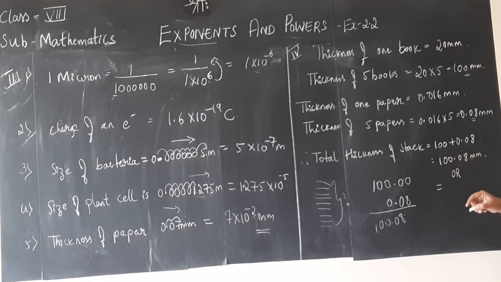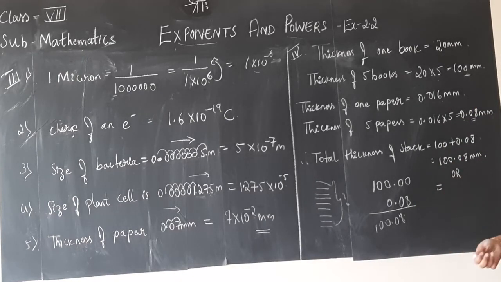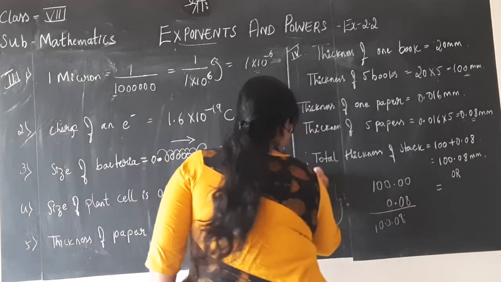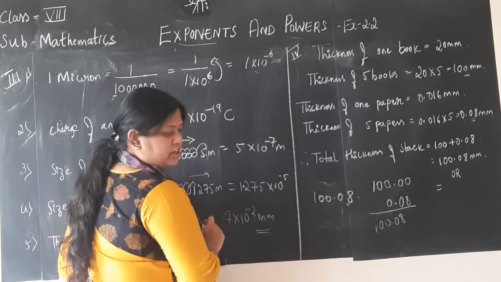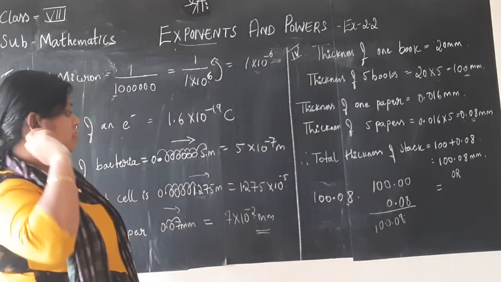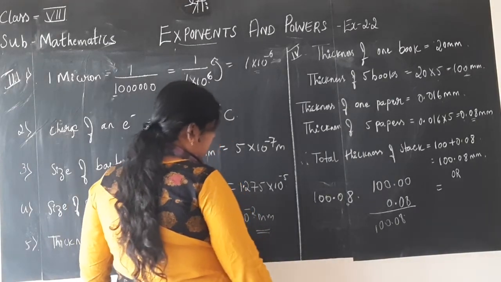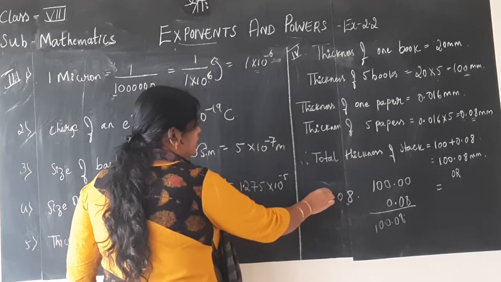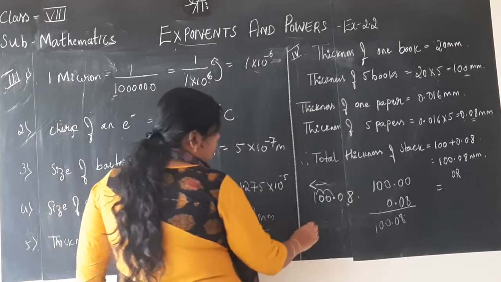You should not leave 100.08 millimeter thickness like that. You should express it in the form of exponents, right? So in that case, I want to make 100.08 as 1.0008. What I should do is shift the decimal point in the backward direction.